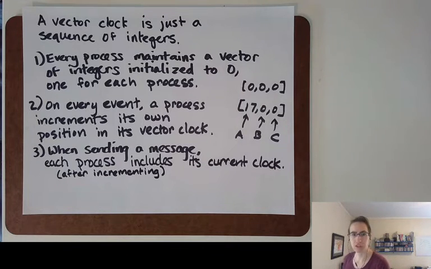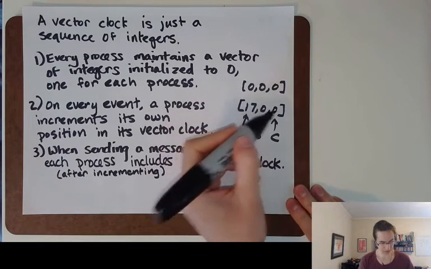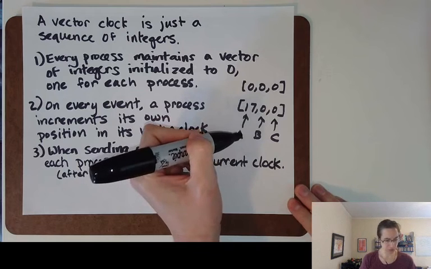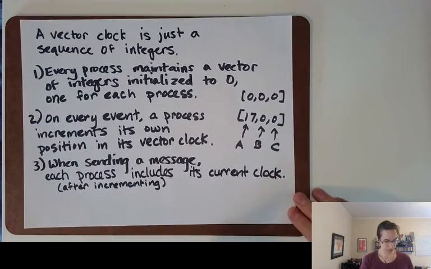Okay, here's another question in chat. Two processes can have a new event at the same time. Right, so of course in the vector clock, you can only track the events that you currently know about. This vector clock here of 17, 0, 0 says that Alice knows about 17 events, Bob knows about 0 events, and Carol knows about 0 events.